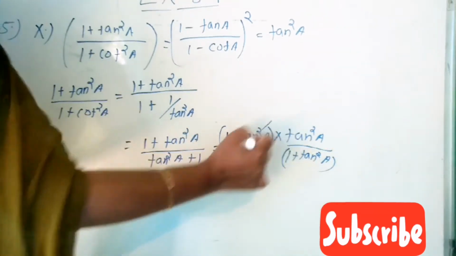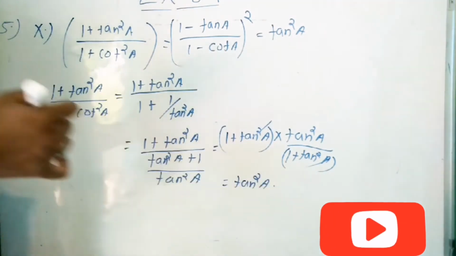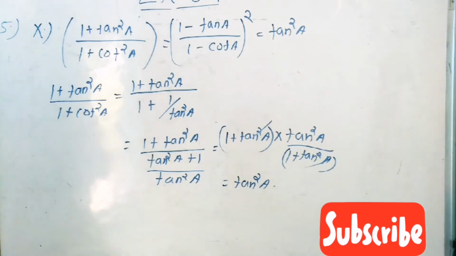So this 1 plus tan square A gets cancelled and we will get tan square A. So we proved the first one is equal to the third one.